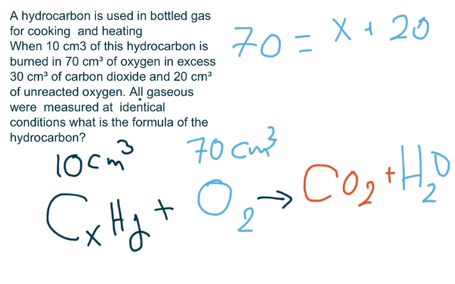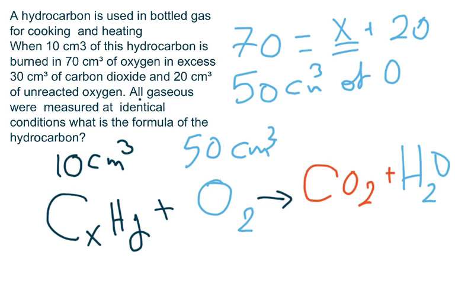This something is the one that is being consumed. So in this case, what's reacting is not 70, it would be 50. So we have 50 centimeter cube of O2 reacting.